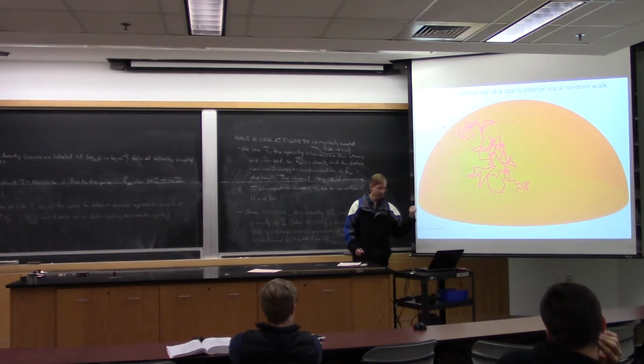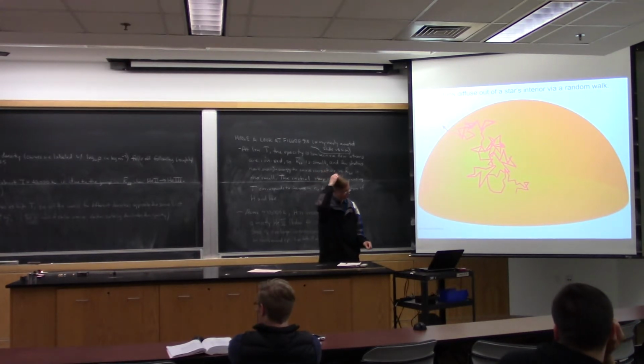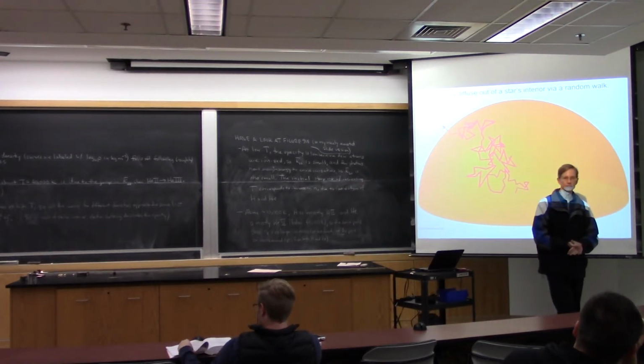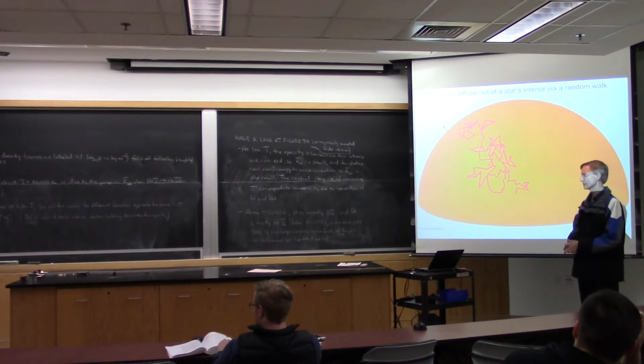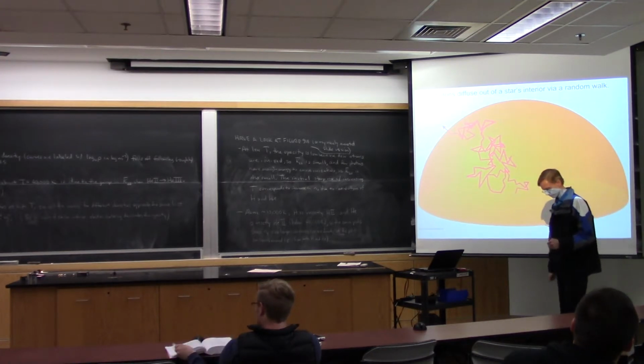A process like this is called a random walk, and we will derive an expression for how many steps it takes to go a given distance in a random walk. It's actually very important because it shows up over and over again in physics and astrophysics.